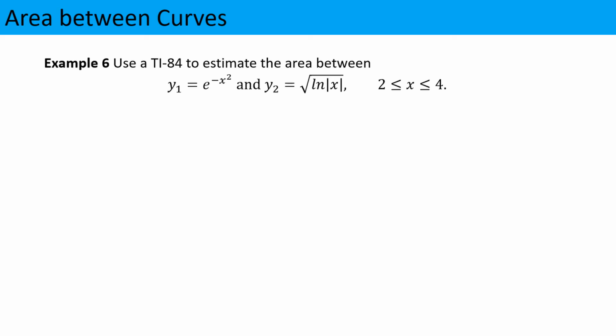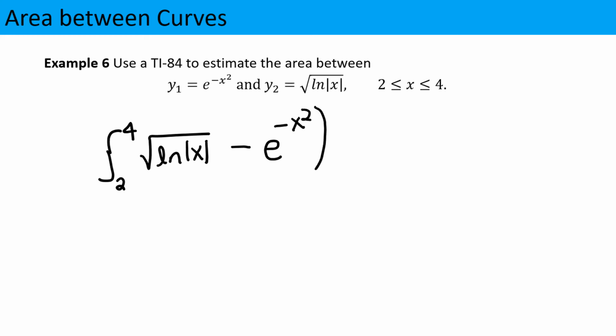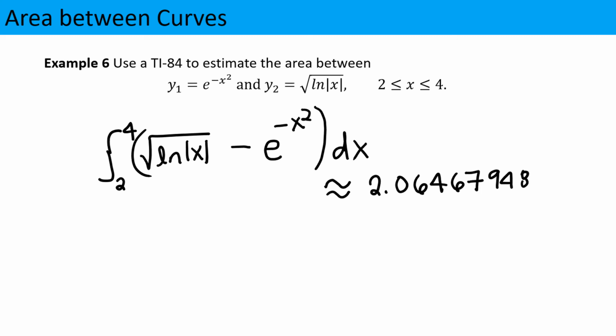We can write the integral as the integral from 2 to 4 of the square root of the natural log of the absolute value of x minus e to the power of negative x squared dx. And this is approximate, so we use the squiggly equals, and then we'll write down the numbers we just got, which were 2.064679483.